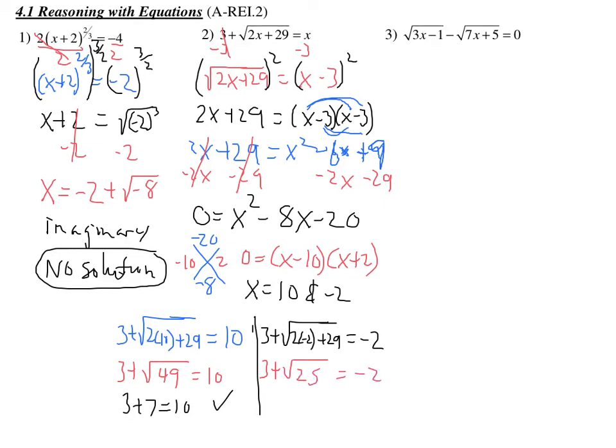Can you tell right now that it's not possible? Isn't that 3 plus 5? Is that going to give you a negative 2? No, because 3 plus 5 does not equal negative 2. So that means that's my only answer. That one's extraneous. Okay? Negative 2 would be extraneous, so x is 10 is my only answer.